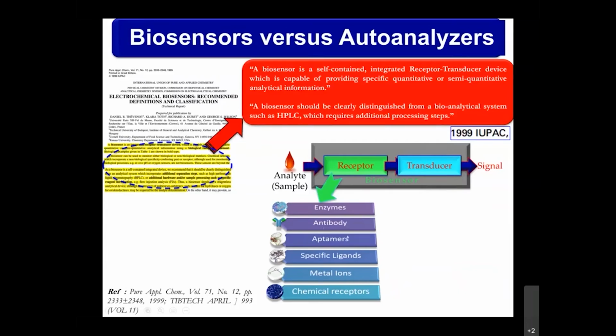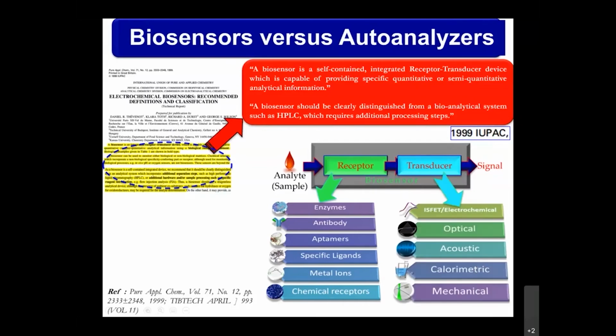But you can also talk about different other molecules, some aptamers, specific ligands, some ions, chemical receptors, and so forth, right? In terms of transduction, in addition to simple color change that we talked about in the context of immunoassay, you can have an electrical transduction, optical transduction.